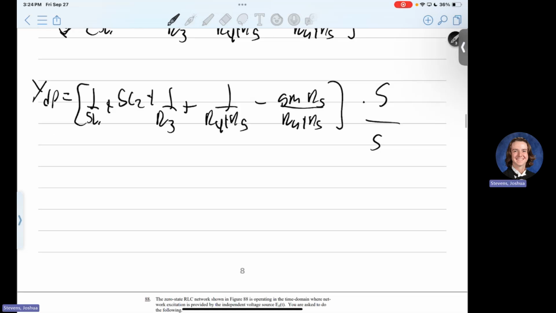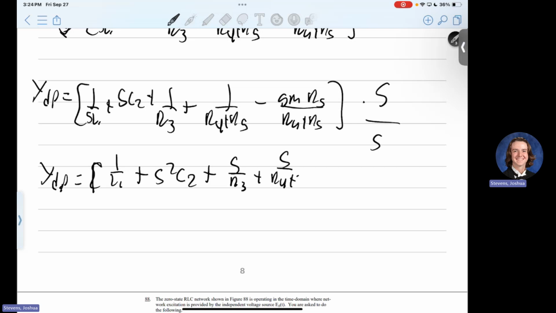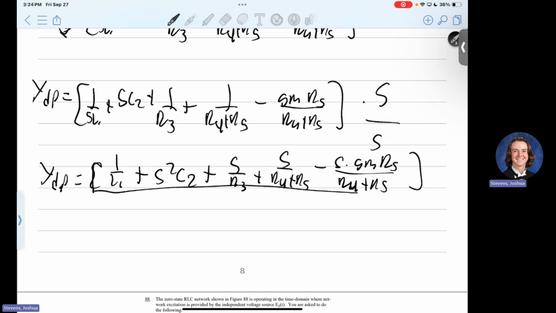So if you do that, YDP equals 1 over L1 plus S squared C2 plus S over R3 plus S over R4 plus R5 minus GM, I'll put an S right there, S times GM R5 over R4 plus R5, all over S. You see a couple things we could do to make stuff similar.